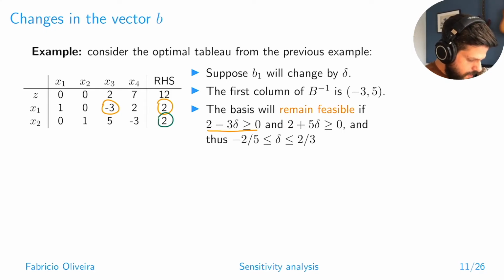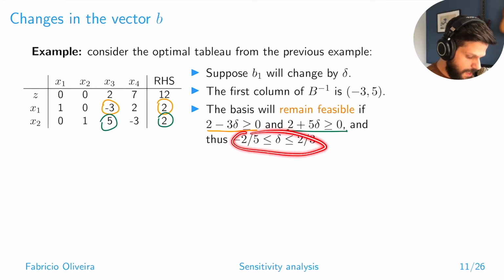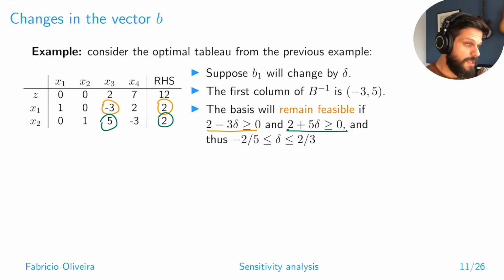And this times this plus this times delta greater than or equal to 0, which is here. And then from this one, I get that delta has to be less than or equal to 2/3. And from this, I get delta is greater than or equal to 5 minus 2/5. And this is because I just have one positive, one negative, so the min and max are themselves. So this is the variation in delta that is allowed such that the base remains optimal.